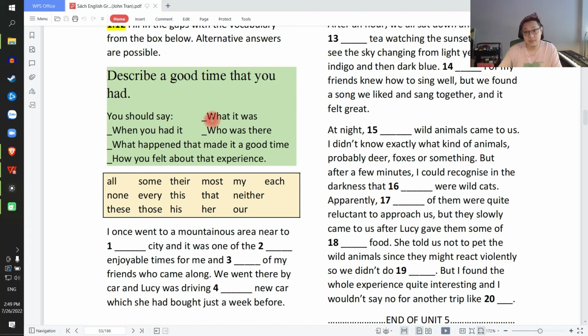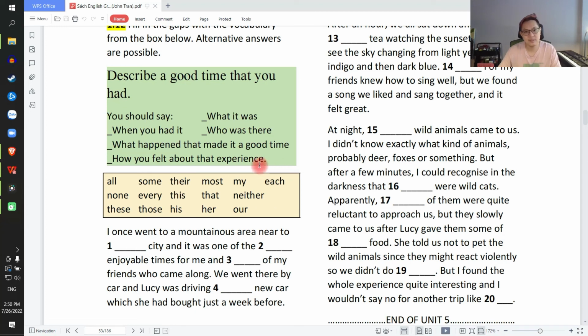You should say what it was, when you had it, who was there, what happened that made it a good time, and how you felt about that experience.